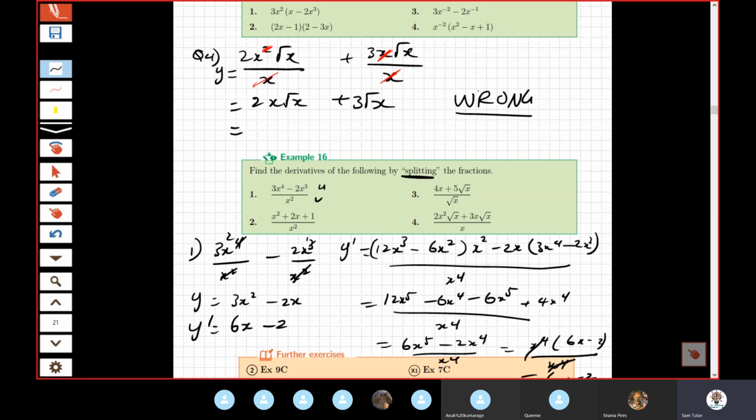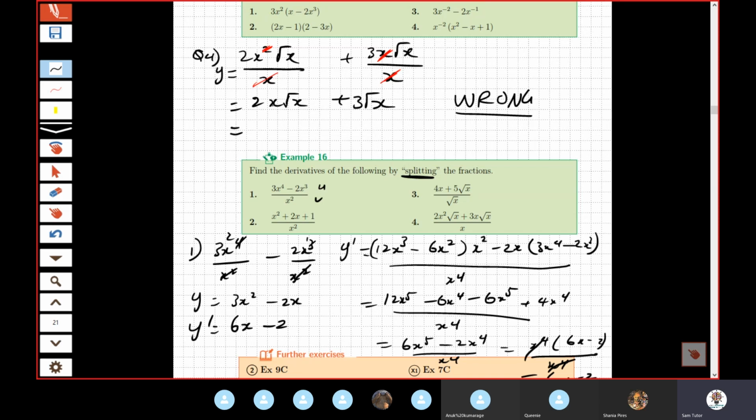Can anyone tell me why I'm trying to emphasize that so much? That would be wrong for that specifically. Think of your rules. Could you use the product rule? Yeah, that would be a lot better. At least you'll get the right answer.